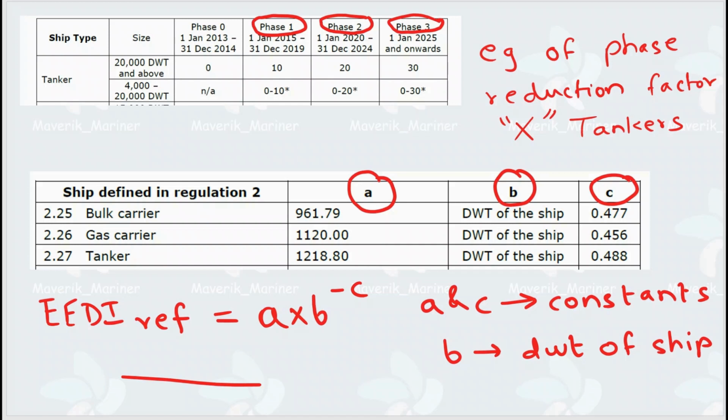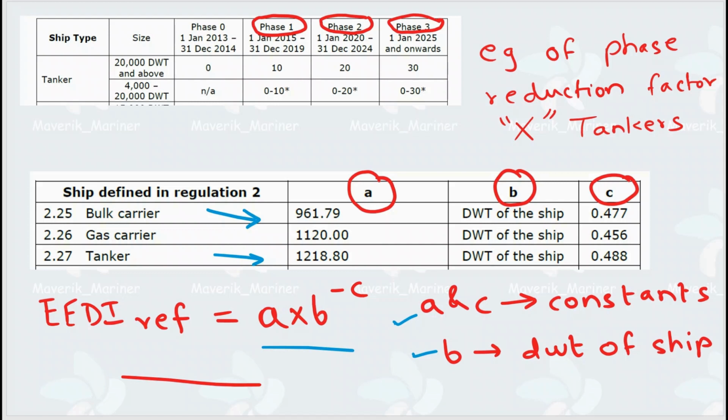EEDI reference is equal to A into B to the power minus C, where A and C are constants and B is the deadweight of the ship. These constants are type dependent. You can see over here for different types of ship, that is for bulk carrier and for tanker, you have different values of A and C.